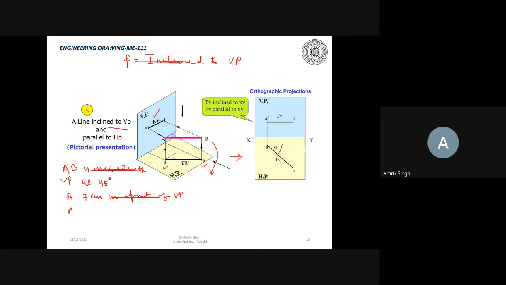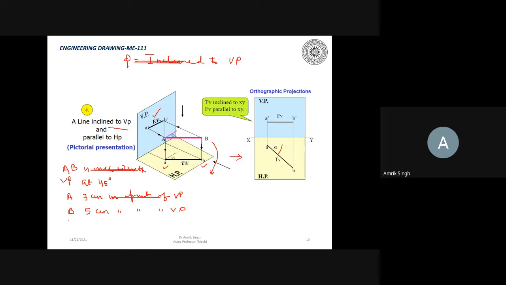Point B is say 5 centimeter in front of VP. Okay? A is 3 centimeter in front of VP and B is 5 centimeter in front of VP.